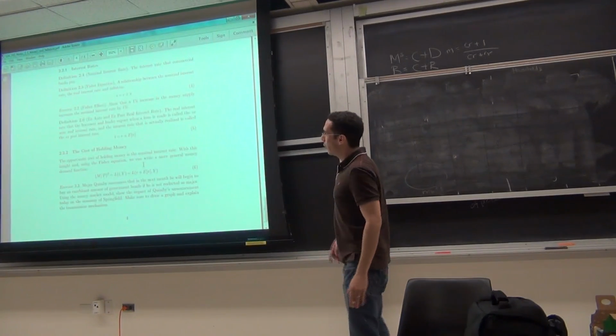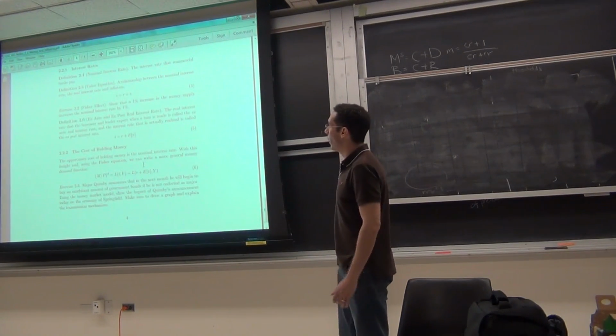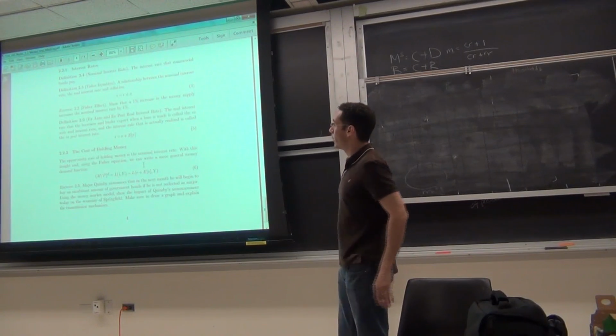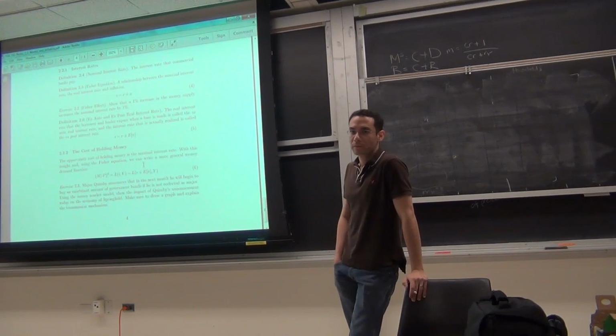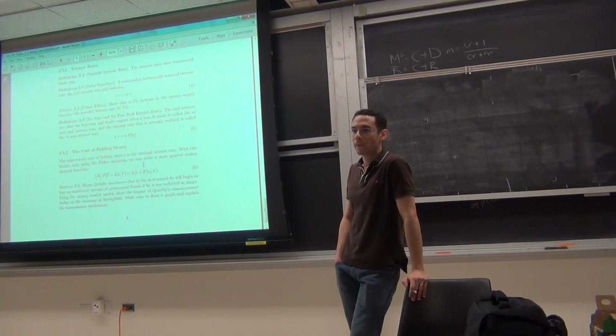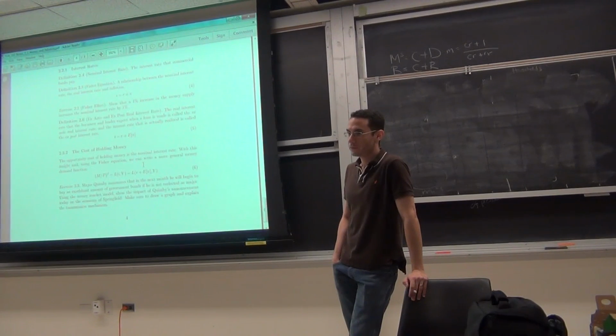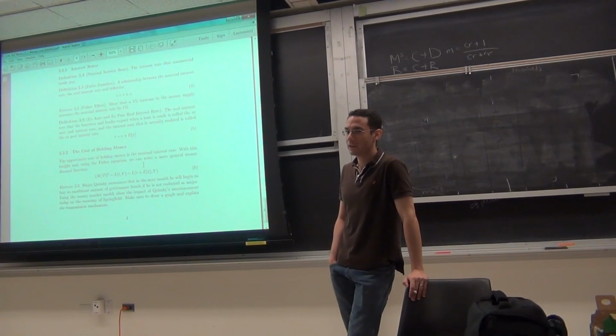So, how can I show that a 1% increase in the money supply increases the nominal interest rate by 1%? How do I relate money and inflation?